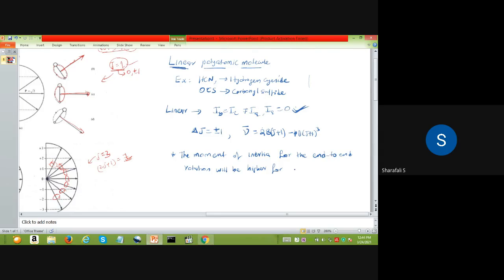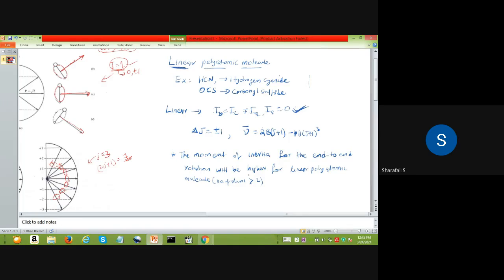In general, we can say a linear polyatomic molecule, and in brackets, the number of atoms greater than 2.